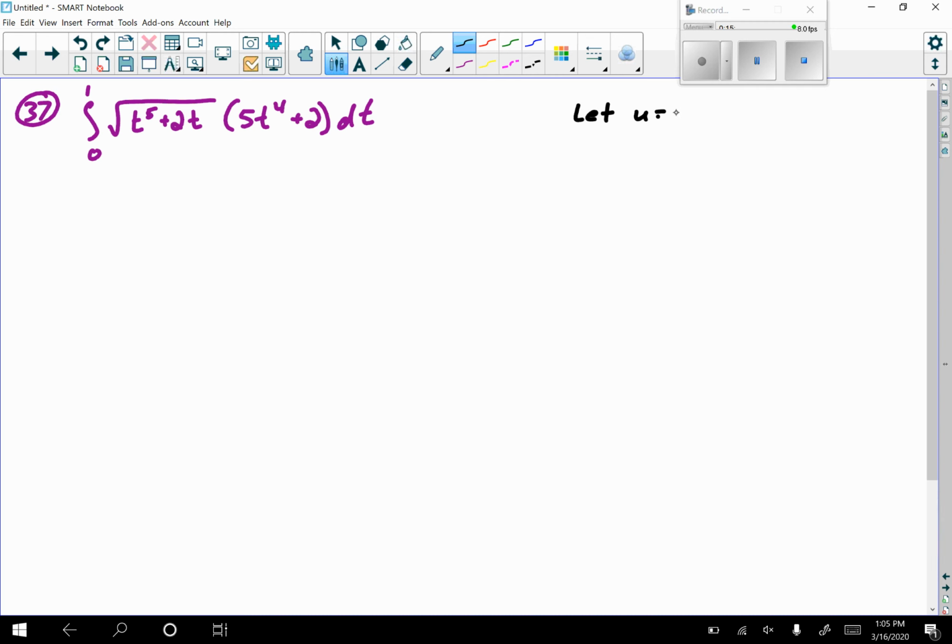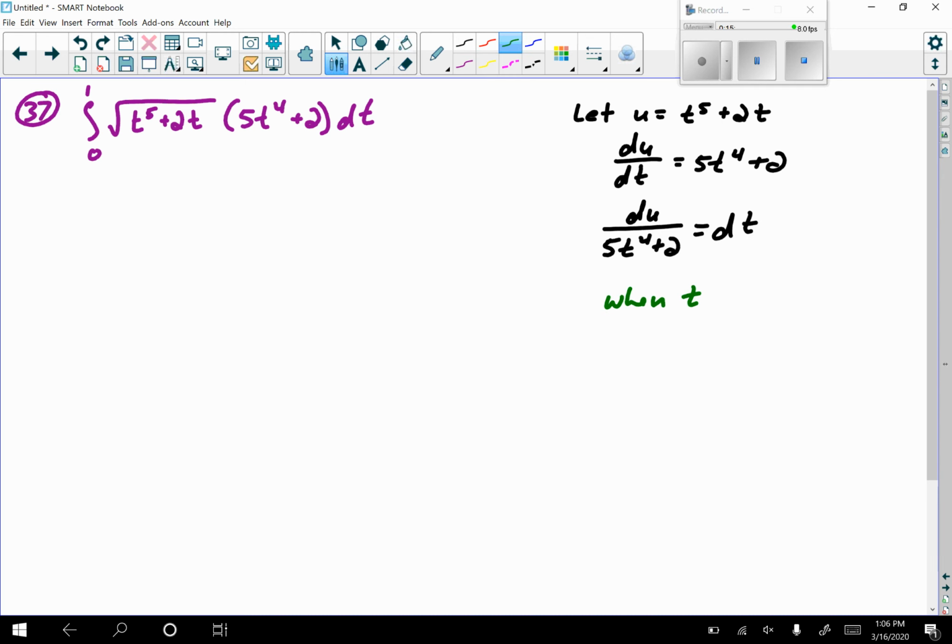So I'm going to let u equal t to the fifth plus 2t. Then du over dt equals 5t to the fourth plus 2. It matches this quantity perfectly, so we know we did that correctly. So then du over (5t to the fourth plus 2) equals dt. When t equals 0, u is going to equal 0, because again it's t to the fifth plus 2t, so that doesn't change.